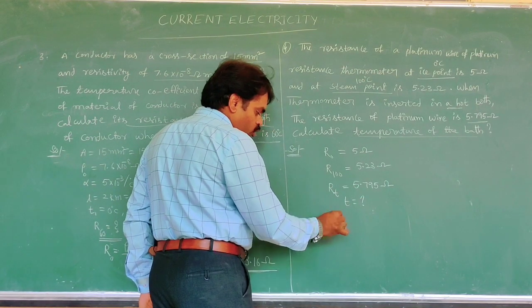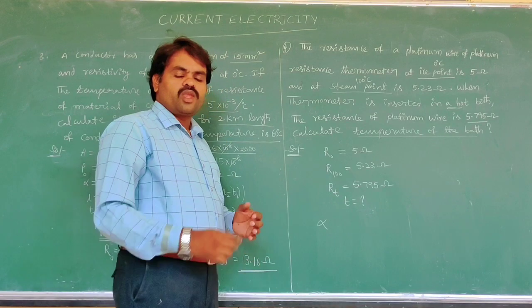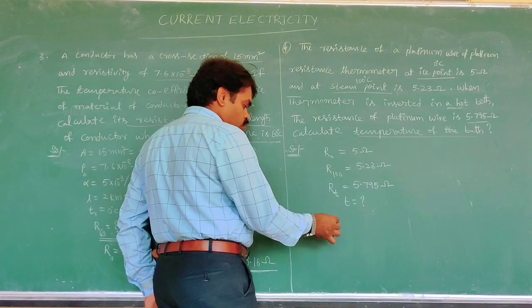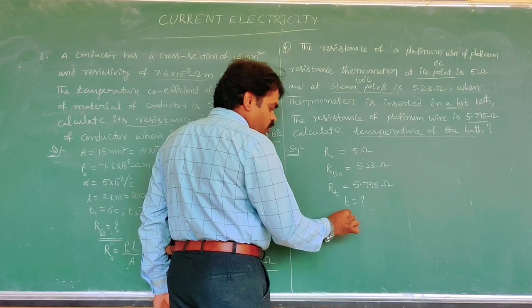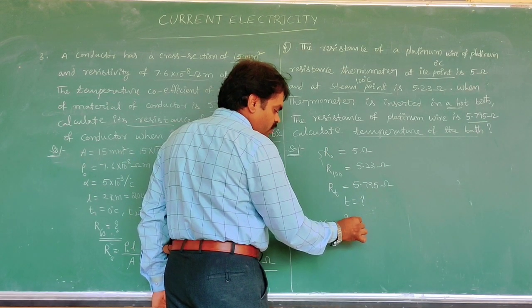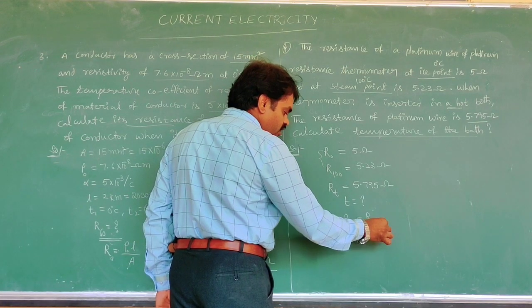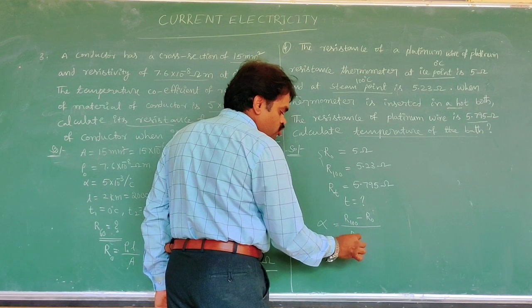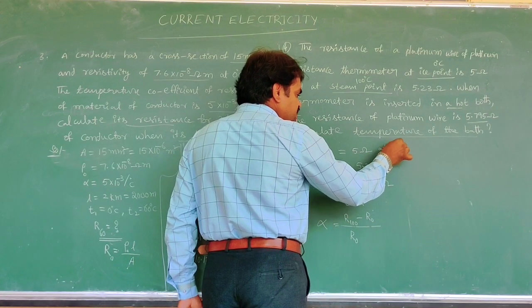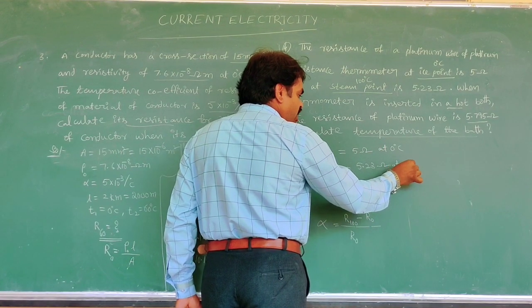We know the formula about it. The temperature coefficient of resistance formula, alpha is equal to, a very simple formula for these two, R100 minus R0 by R0 into the temperature difference. It is at 0 degrees Celsius, it is at 100 degrees Celsius.